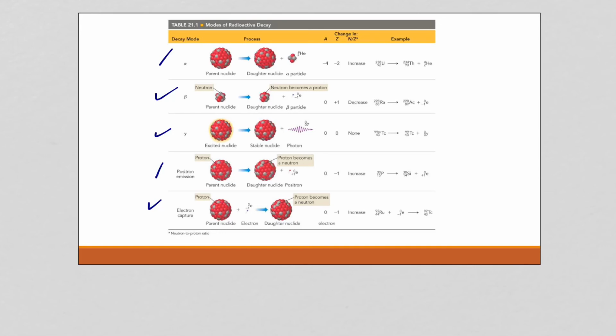You should be able to work with or balance nuclear equations that involve these. That involves things like predicting the products if I tell you the type of decay, and writing them out. If I gave you the parent and the daughter, you could tell me what kind of decay that was by understanding the balancing, that the top numbers have to add up and the bottom numbers have to add up.